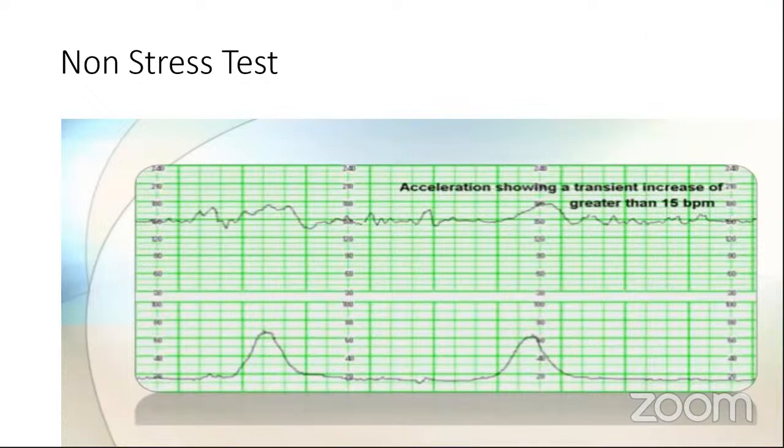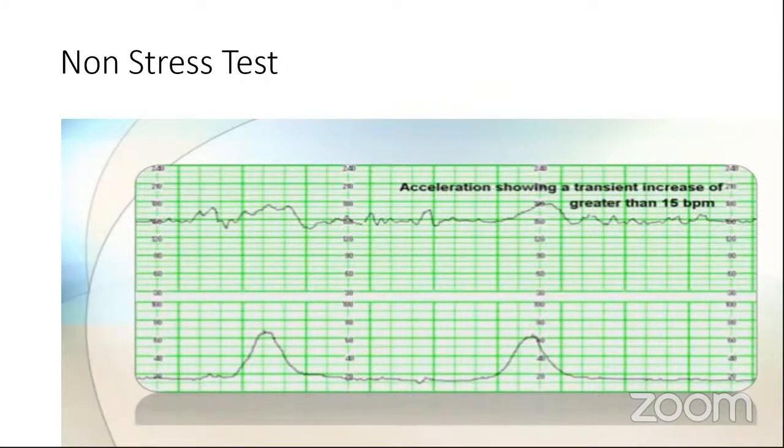So how do we define them? An acceleration is a transient increase of greater than 15 beats per minute, while a deceleration would be a transient decrease of greater than 15 beats per minute. So you should have 2 accelerations in a 20-minute trace.